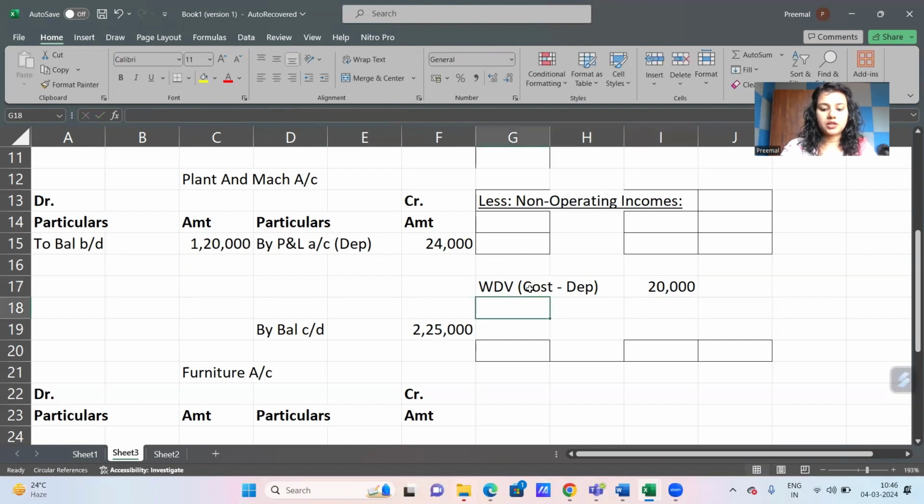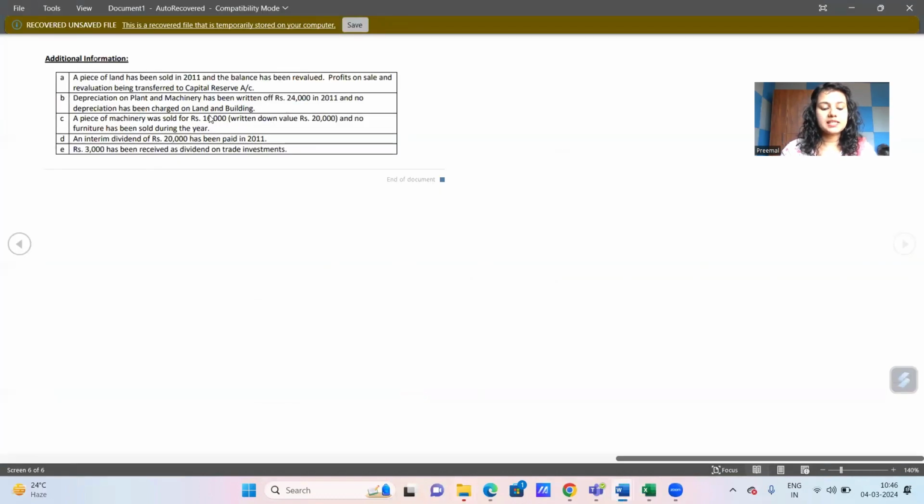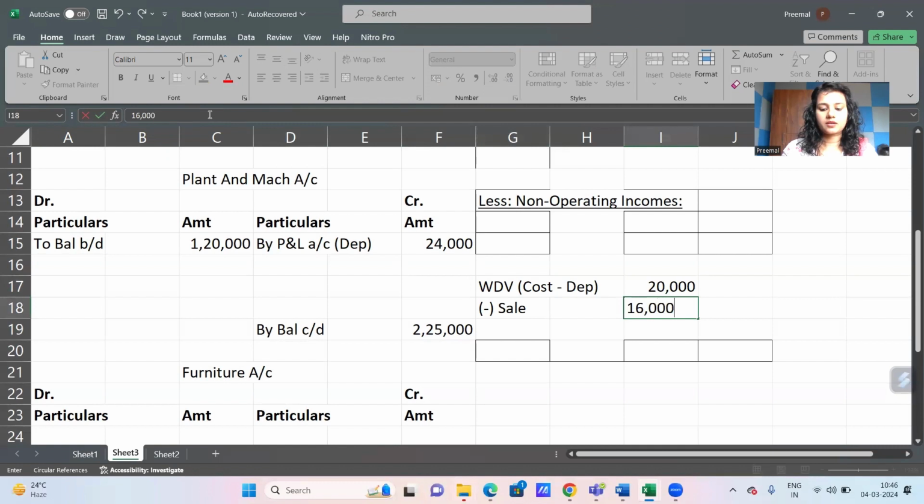And this piece of machinery is sold for an amount of 16,000. So therefore, the remaining becomes loss on sale of machinery, 4,000.